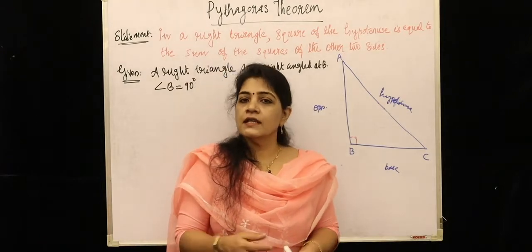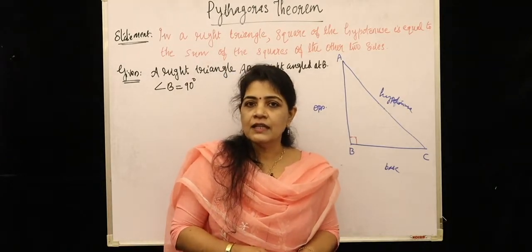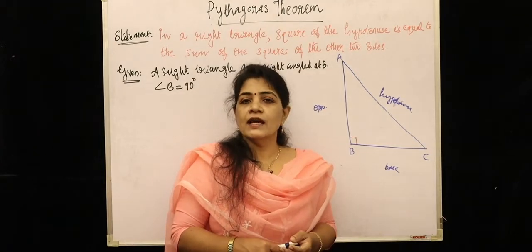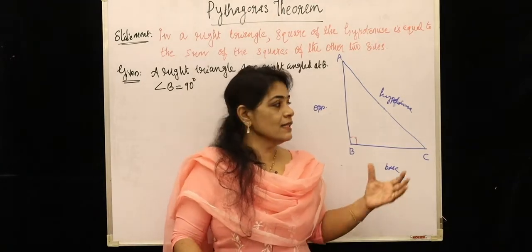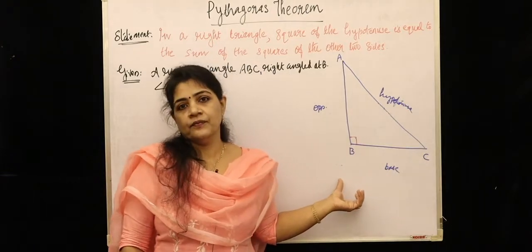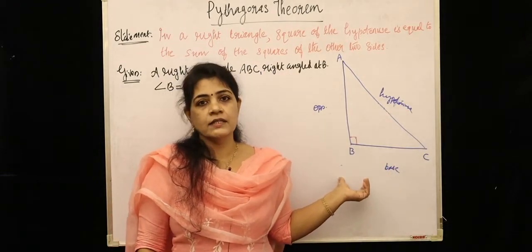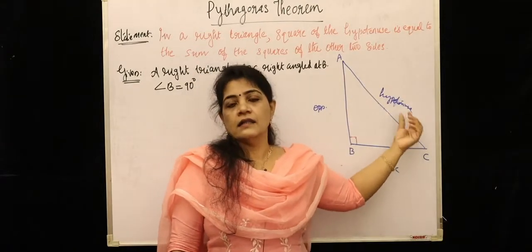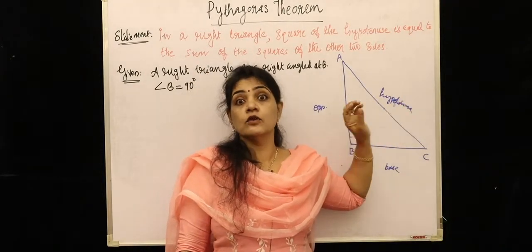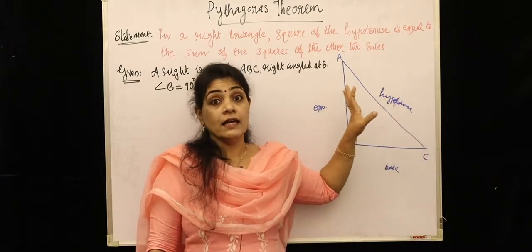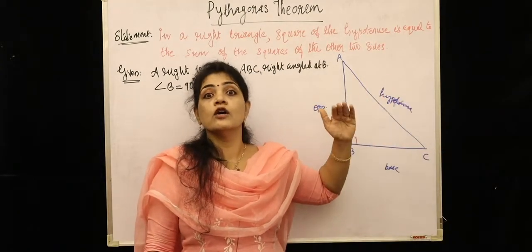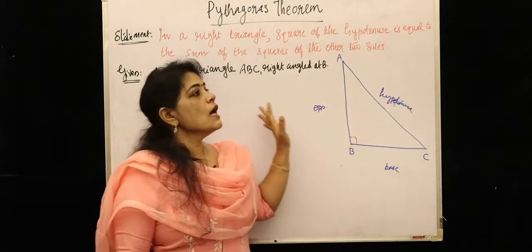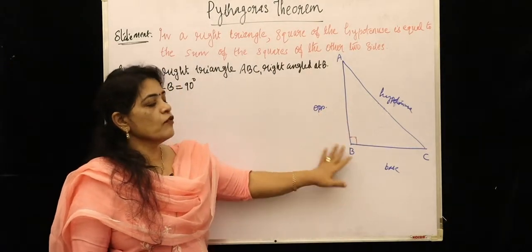And what is the statement of this Pythagoras theorem? That is, the square of the hypotenuse. Here we are proving by taking the lengths of the sides of triangle ABC, that is BC, AB and AC are the three sides. In terms of their lengths, AC square, that is the square of the hypotenuse, is equal to the sum of the squares of the other two sides.